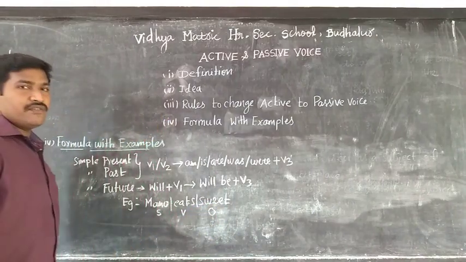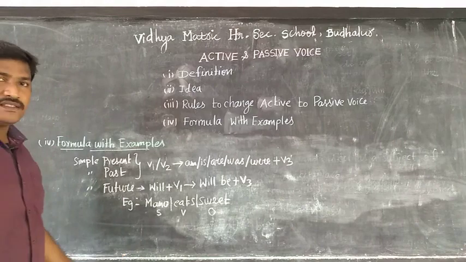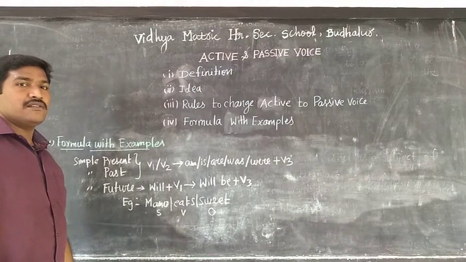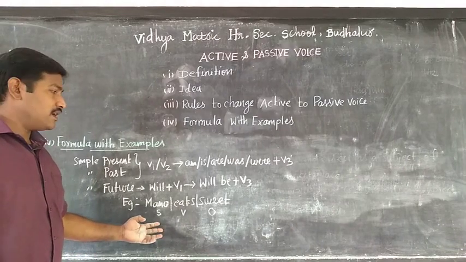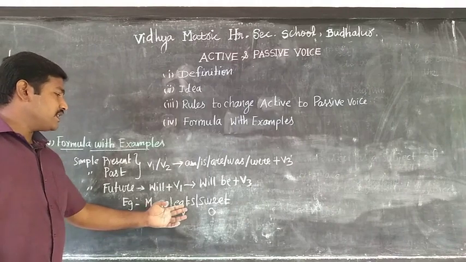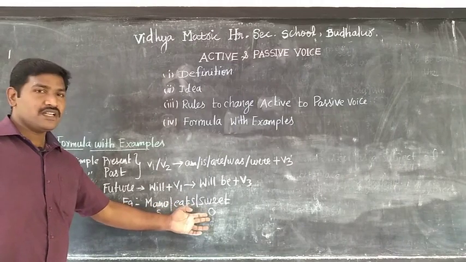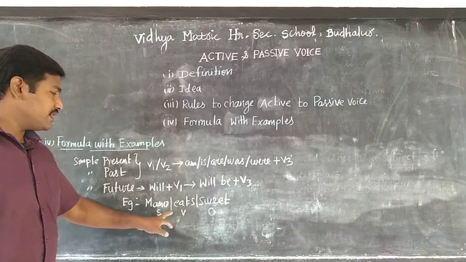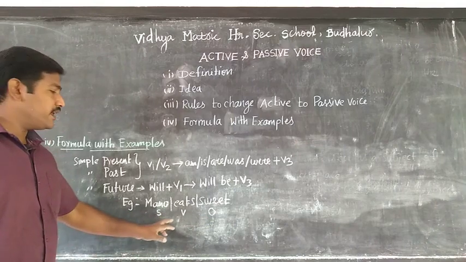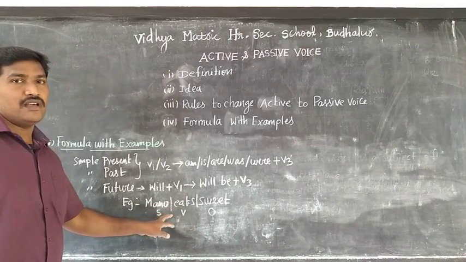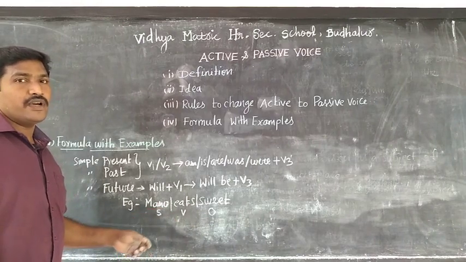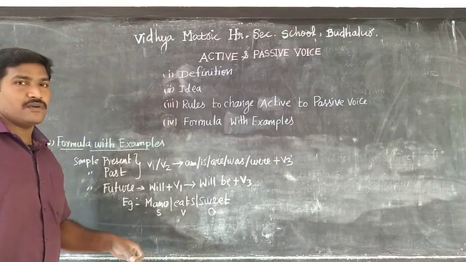Why should we identify whether the sentence is active voice? What is the reason? Mano subject, eats verb, sweet object. I say the sentence is active voice. How to say the sentence is active voice? What is the idea we have to identify whether the sentence is active voice?